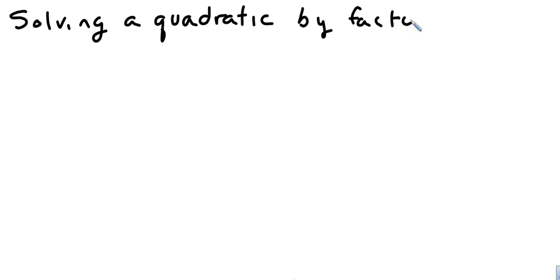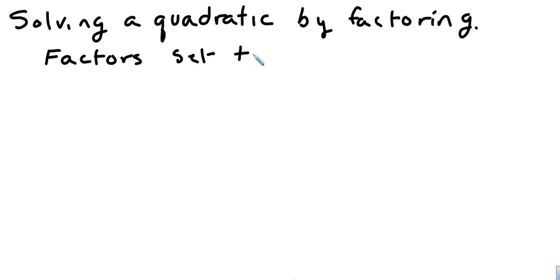And it's kind of an important process because it gives us a piece of information about the graph that we haven't had before. What happens is factors of a quadratic that are set to 0 give us the x-intercepts of the quadratic. We've looked at lots of things on our graph before.